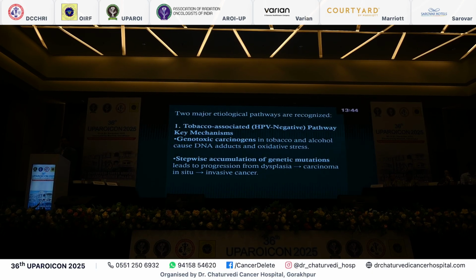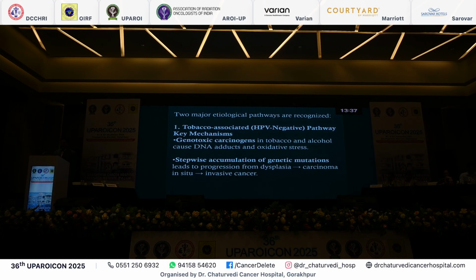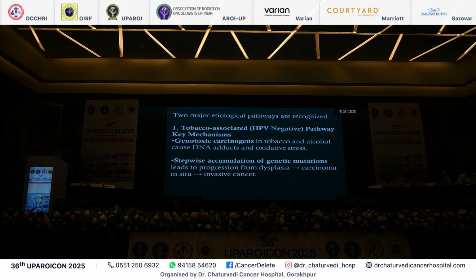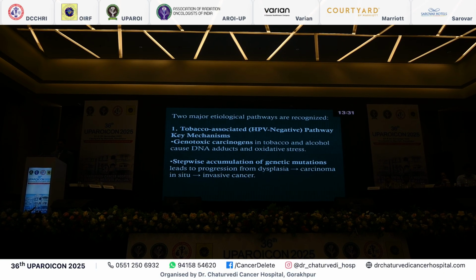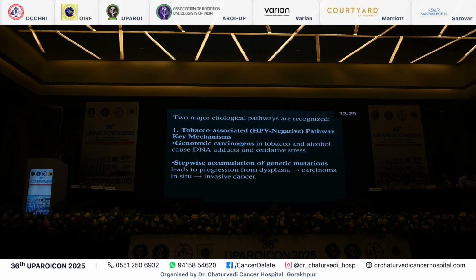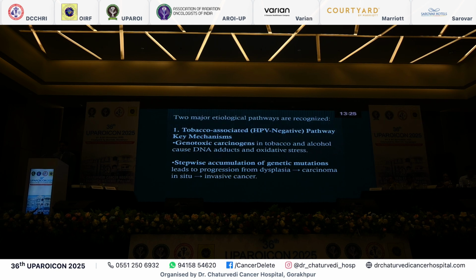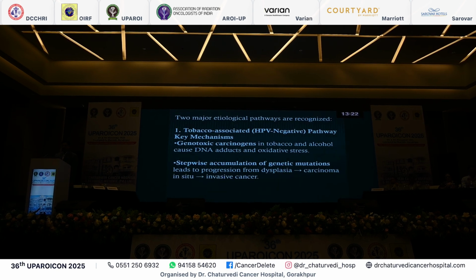One, the tobacco-associated pathway, where the key mechanism is genotoxic carcinogens in tobacco and alcohol causing DNA adducts and oxidative stress. This leads to stepwise accumulation of genetic mutations that leads to the progression of dysplasia, carcinoma in situ, and finally invasive cancer.